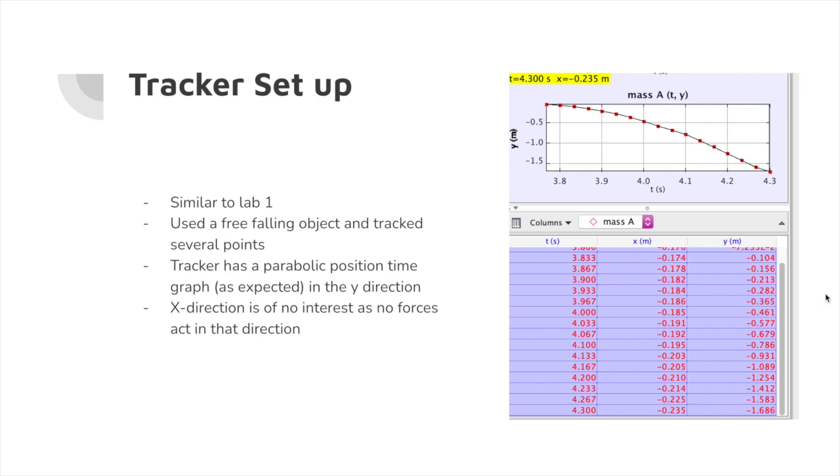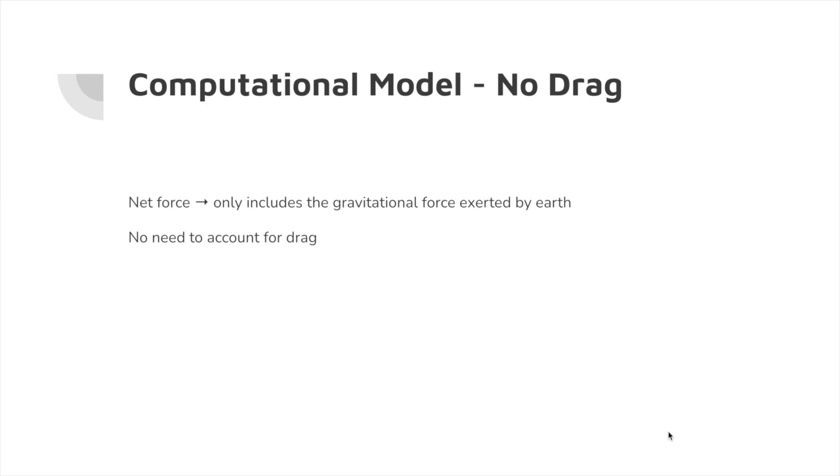Once that has been tracked, this is a screenshot of what I had accomplished through the video analysis program, and you can see that the y direction position time graph had a parabolic curve as expected, and the x direction is of no interest because it is only moving in the y direction as it is a free falling object. Now let's get into the computational model.